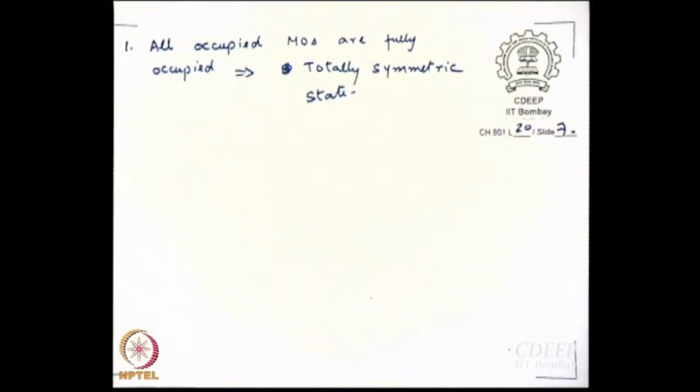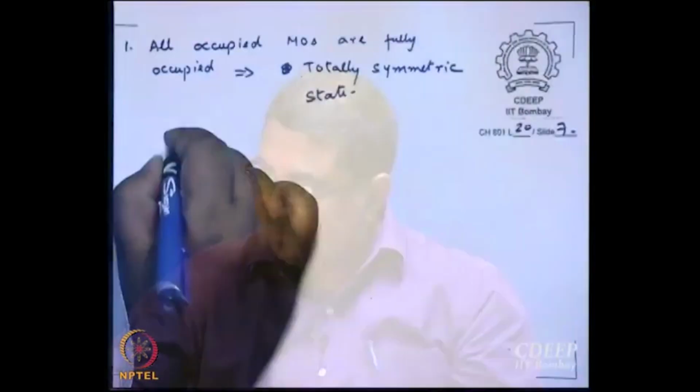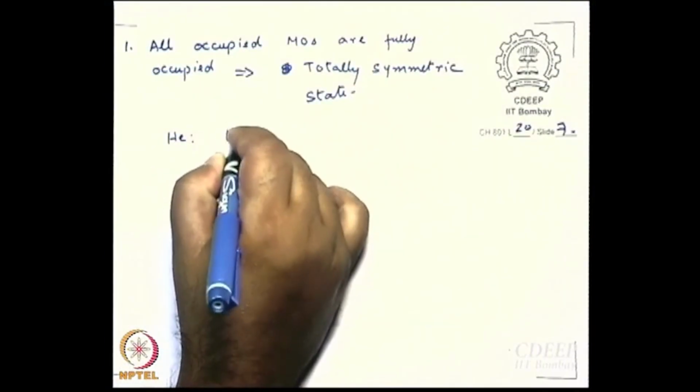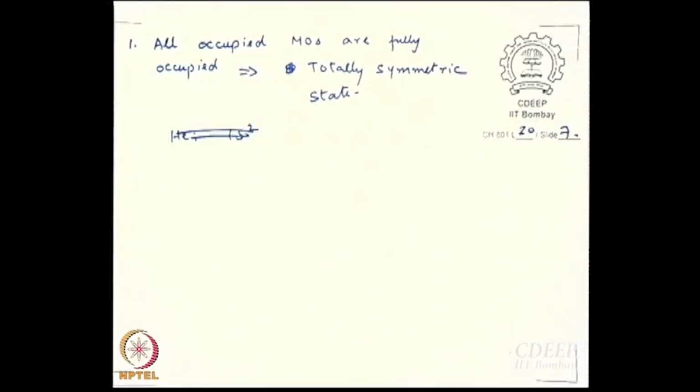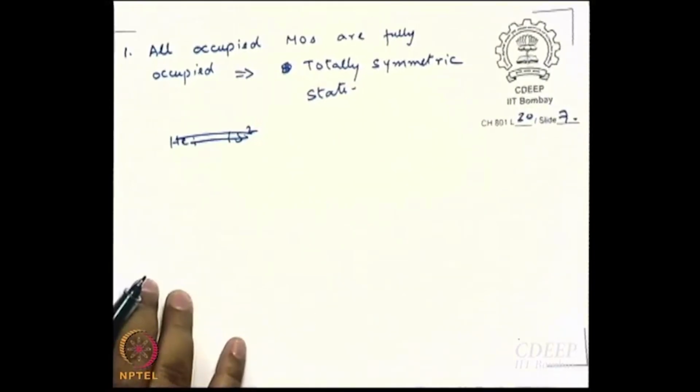Right? So what will be the ground state of helium? What is the electron configuration of helium? 1s2, right? What am I saying? Sorry, I suddenly had an attack of amnesia.